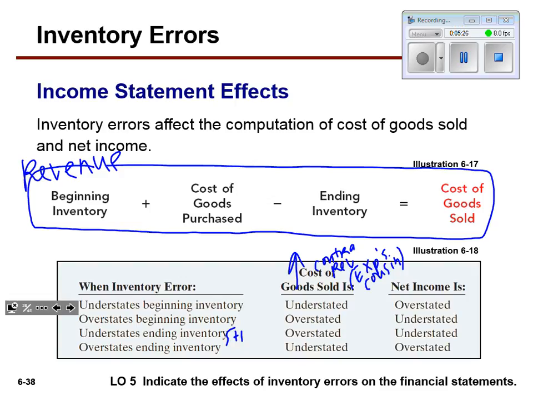And if we overstate, or we say we have way more inventory still on the shelves at the end, you'll see an understated cost of goods sold, making it look like we have more money than we do. So get all of that in, and then we'll talk generally about it.